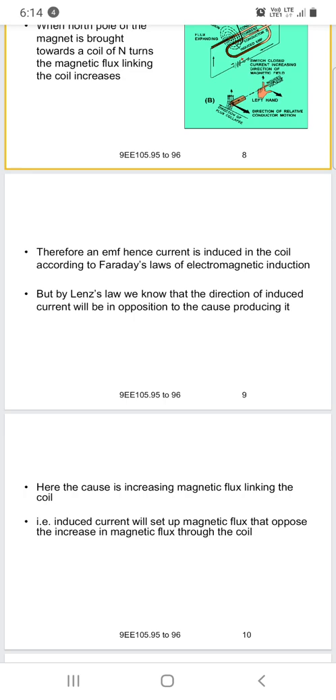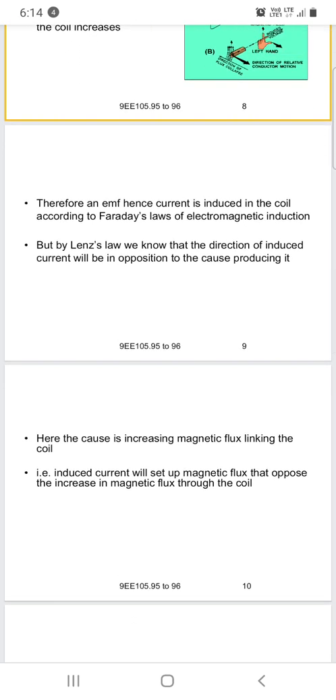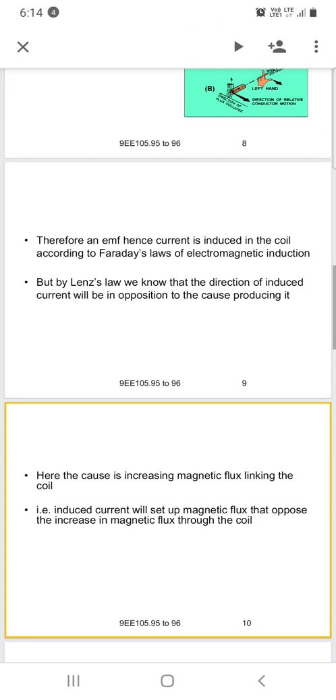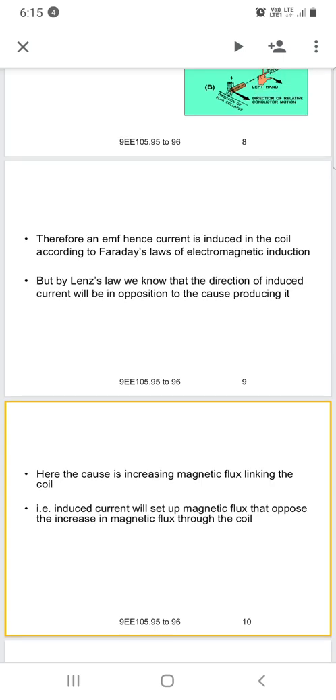But by Lenz law, we know that the direction of induced current will be opposed to the cause producing it.